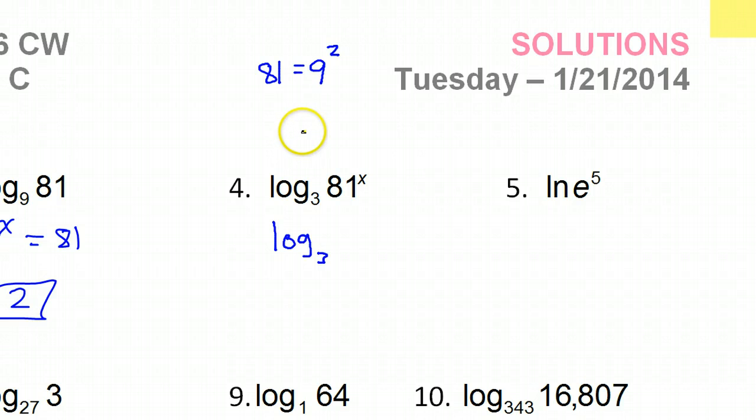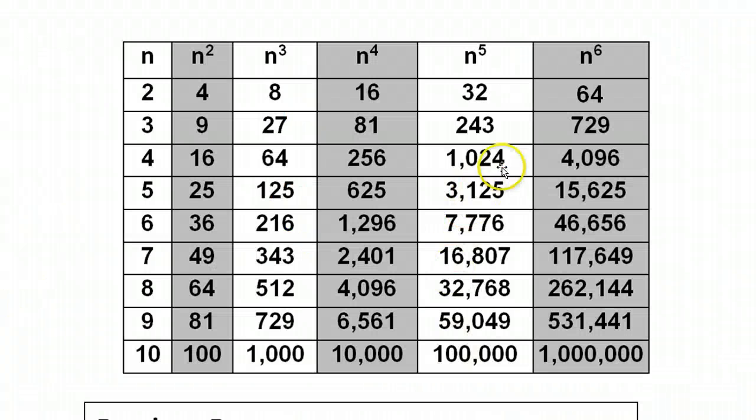Okay, but 81 is also 3 to the fourth power. And it's that second fact that we're going to use right now. You can find that off your chart here. There's your 81, 3 to the fourth power, and there's your 81. So 81 shows up twice on this chart, but this is the one we need.